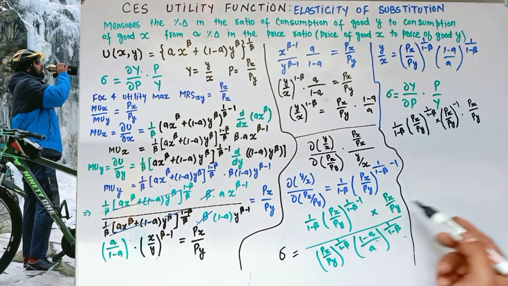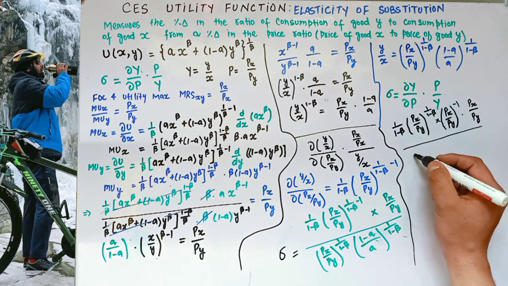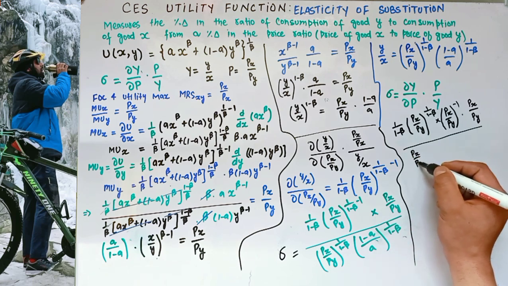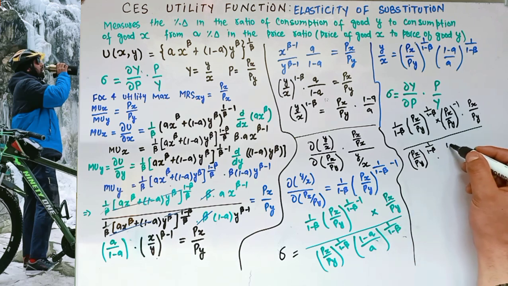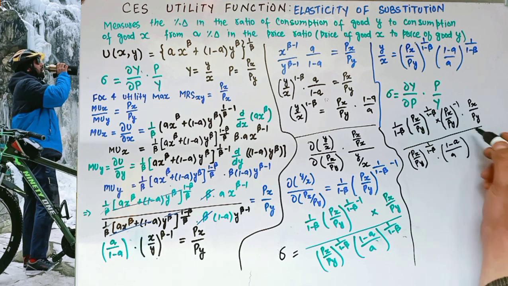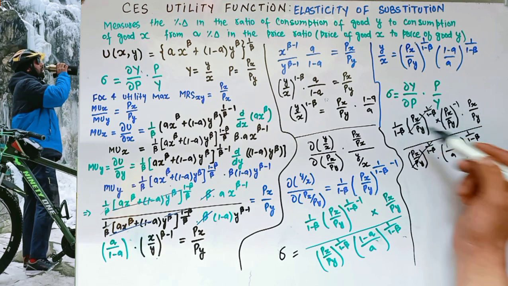This is our numerator. In the denominator we have px upon py raised to the power 1 upon 1 minus beta, then 1 minus a upon a raised to 1 upon 1 minus beta. Let us see what gets cancelled.